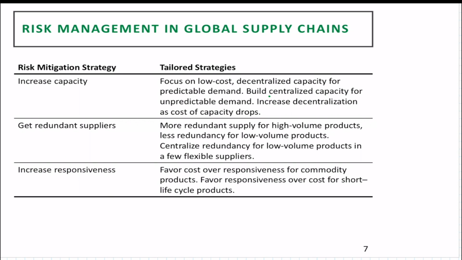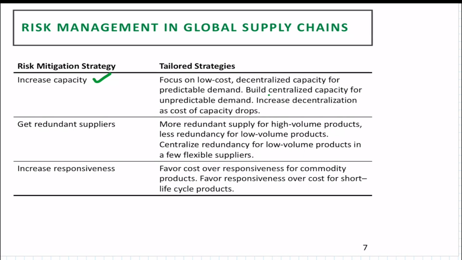At the time of designing global supply chains, there are several strategies that may be adopted to reduce supply chain risk. But any strategy that we adopt obviously will come at a price. For example, when we increase capacity, that will also cause cost to increase. Therefore, to use any strategy, we should make sure that we tailor it to be more effective.